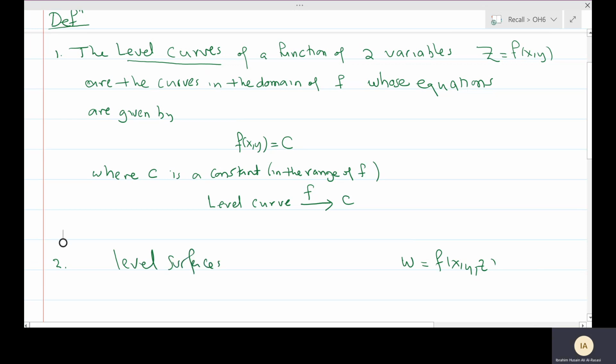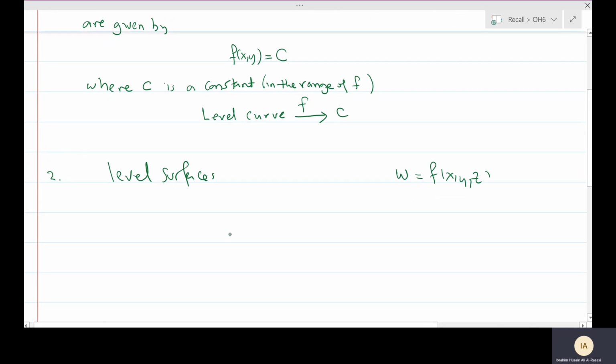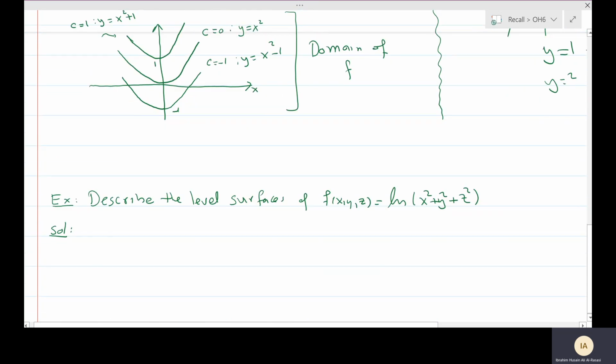The level surfaces are given by exactly the same idea: f of x, y, z equals a constant C, the range value C. So we get a surface, a level surface. f will take the level surface to C, to the Cth floor. The level curves and level surfaces are the same, except curves are for functions of 2 variables, and surfaces are for functions of 3 variables.